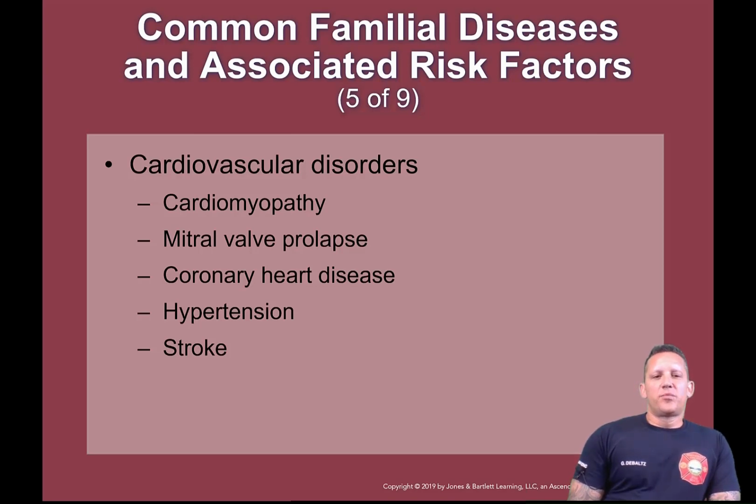Cardiomyopathy, mitral valve prolapse, coronary heart disease, hypertension, and stroke. These are all familial diseases, and we can actually kind of predict who might suffer from most of these disease processes based on genetics.